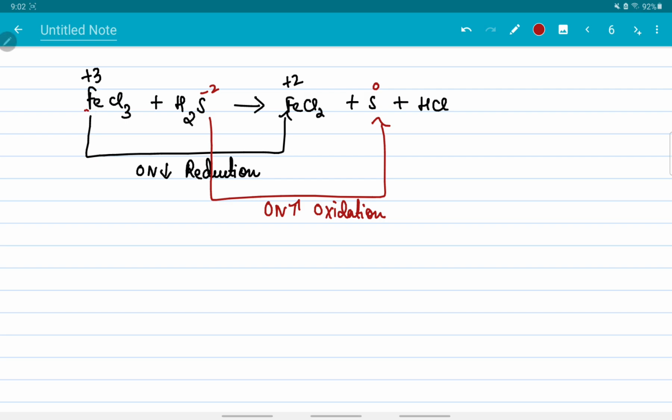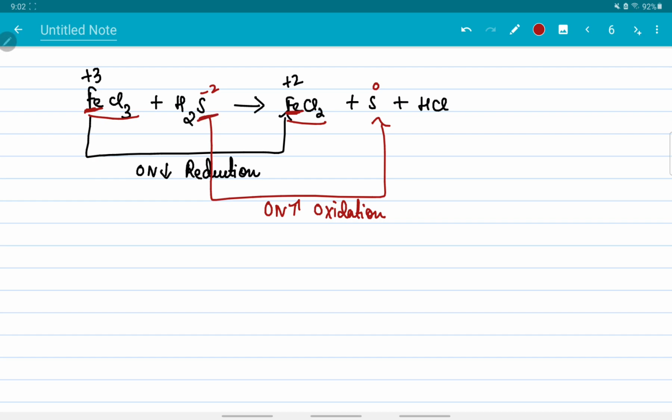Now in this case, this iron over here and over here was undergoing reduction. You only have to check from this compound and from this compound. Forget the other elements. You just have to check iron on both sides. Here there's one iron, here there's one iron. So iron is balanced, and there is no need to add anything.